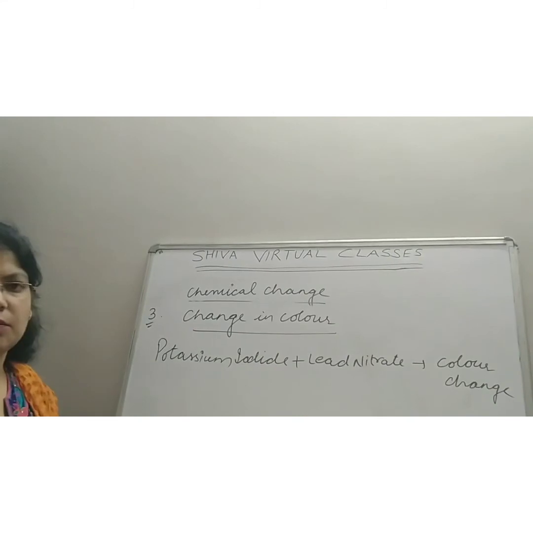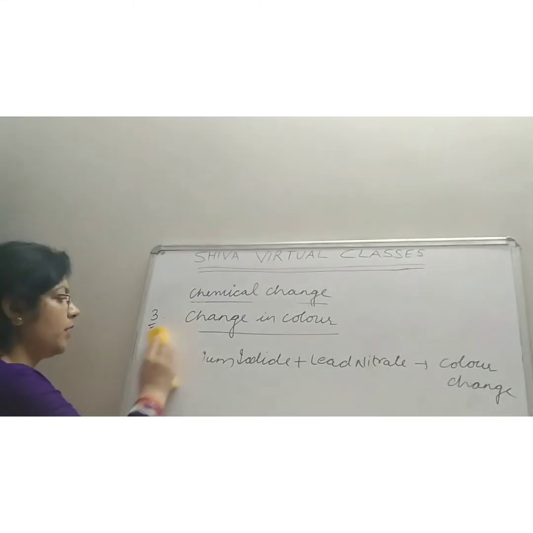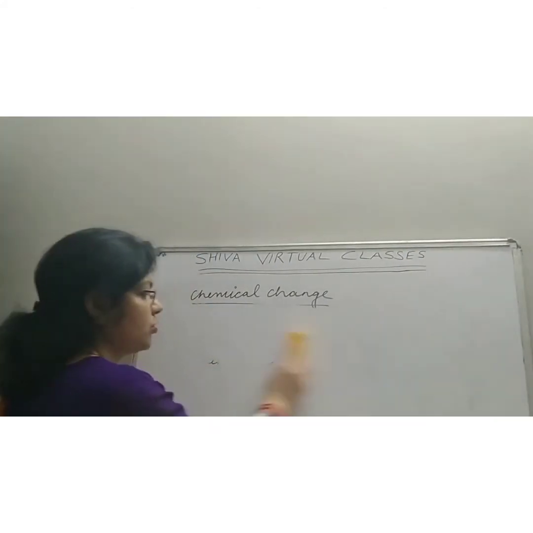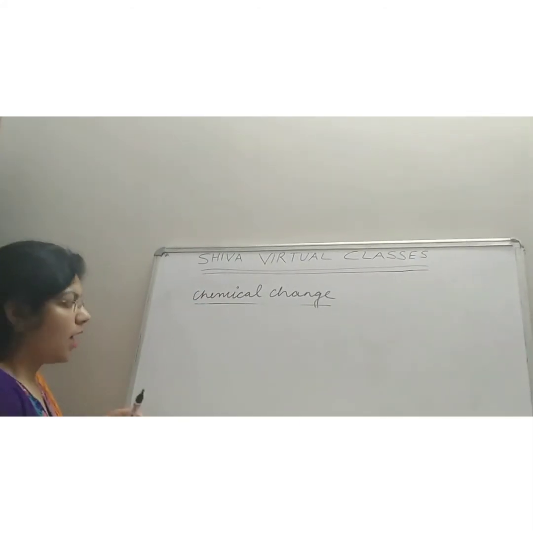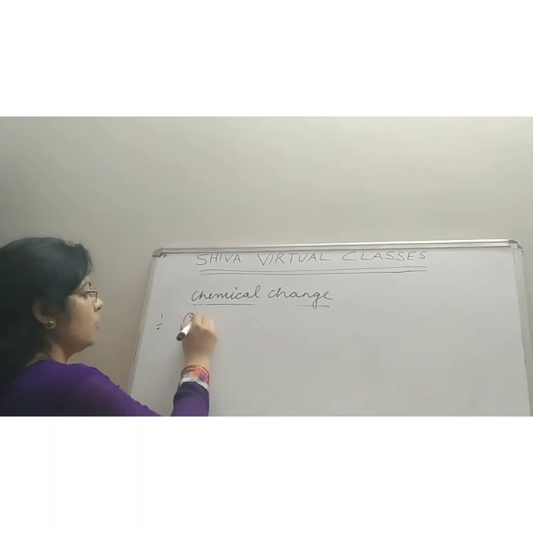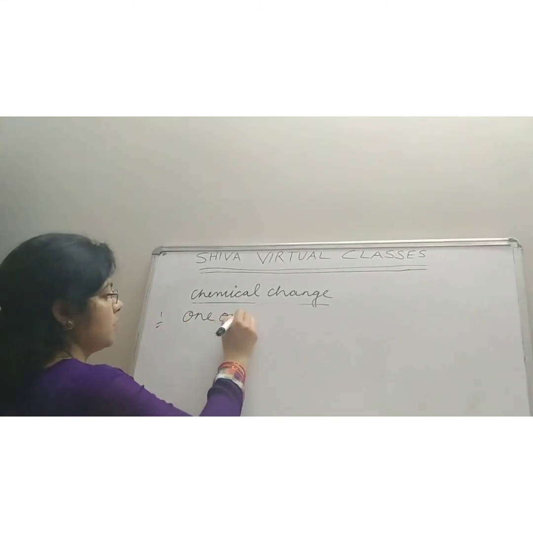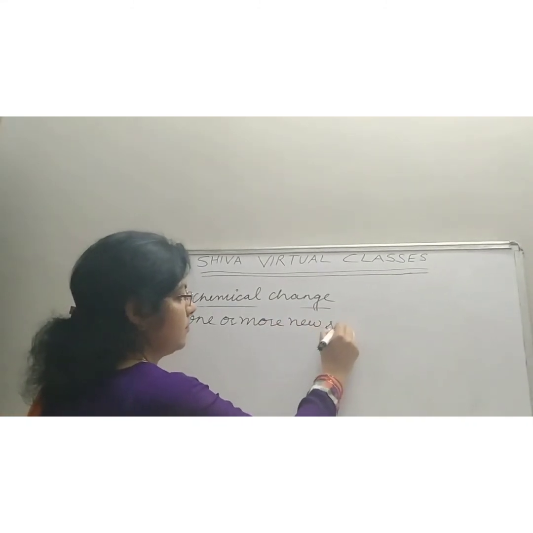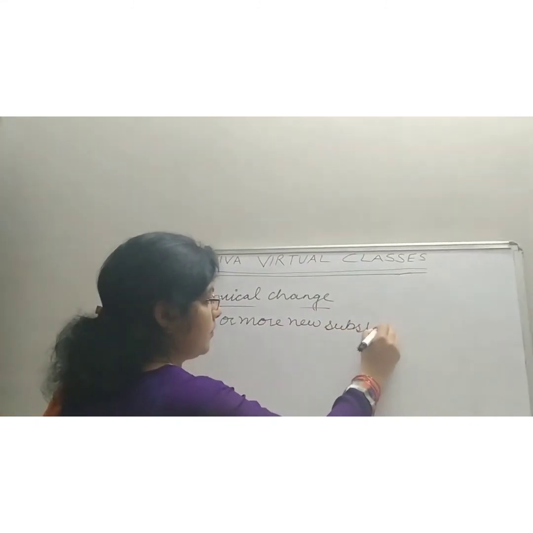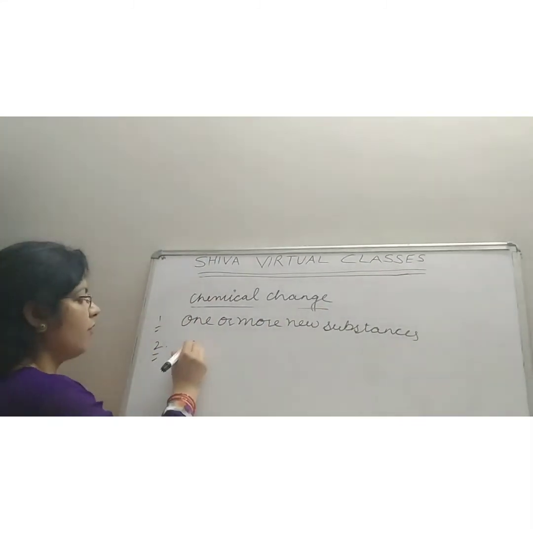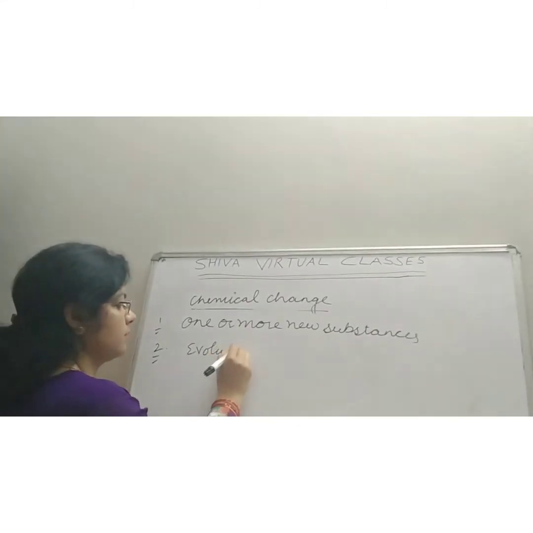Hence, there are some properties by which you can check whether the substance undergoes chemical change or not. What are those properties? First is formation of one or more new substances. Next one is evolution of gas.